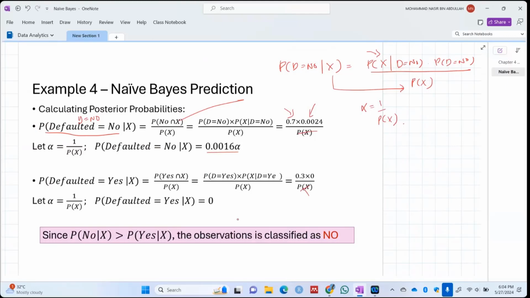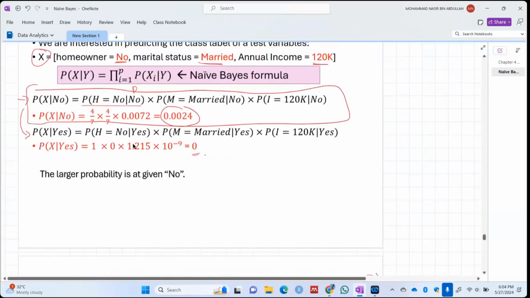Then we calculate the probability of Y equal to yes given X. This is equal to the probability of X given D equal to yes, multiplied with the probability of D equal to yes, divided by the probability of X. The value of X given Y equal to yes is 0, which we calculated just now.